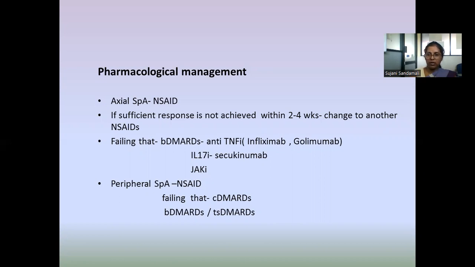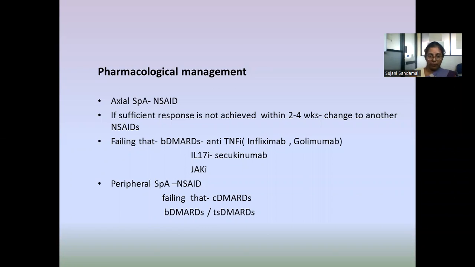If a patient is not having adequate response after 1 month, you can switch to another NSAID. Because of the idiosyncratic effect of NSAIDs, one patient might respond to another category if she has not responded to the previous one.